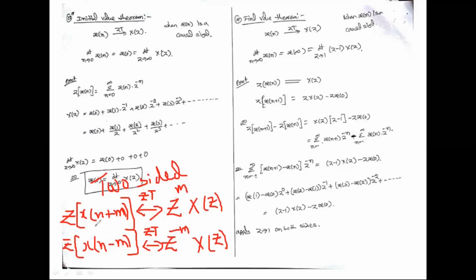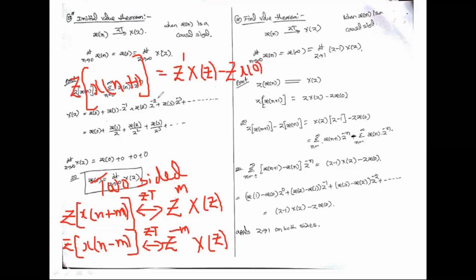Here I am taking x of n plus 1. Yesterday I told that the z transformation of x of n plus 1 is equal to z power m, where m is 1, times x of z minus z into x of 0.